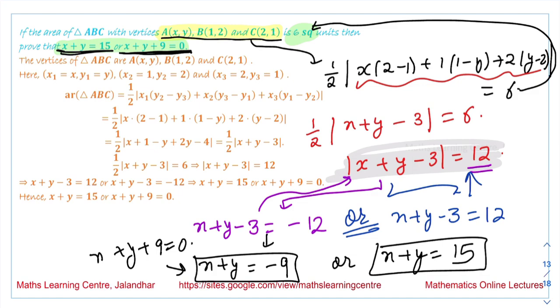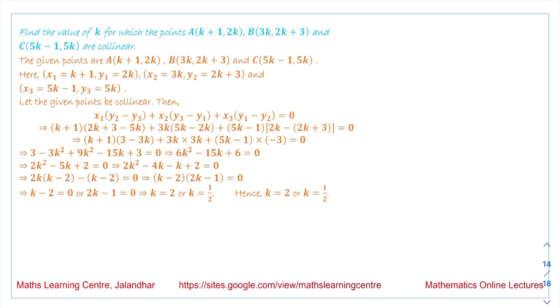Next we have: find the value of k for which these 3 points are collinear. If these 3 points are collinear, it means the triangle formed with these 3 points as vertices should have area 0. So we say these are the points x1, y1, x2, y2 and x3, y3.